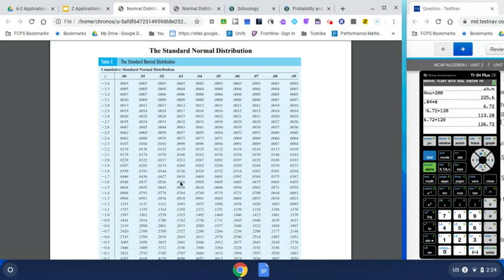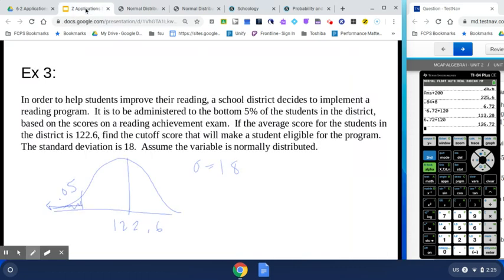So if we follow it out, I see a negative 1.64 and then a negative 1.65. We are going to average those two Z's together. So if I add them up and divide by 2, I get negative 1.645 as the Z value.